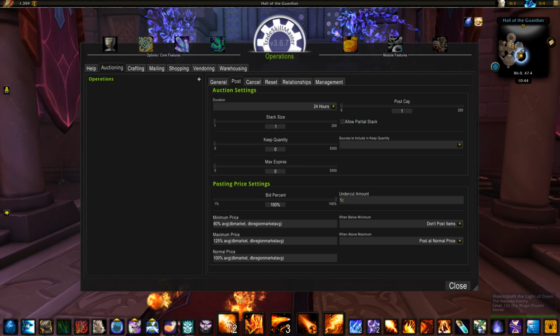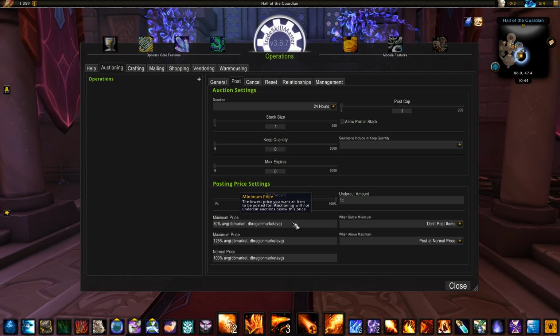All right, so now we're going to start combining some of the operations, again, keeping it quite simple. Right here, all it's doing is averaging DB market, which of course is your server, along with the DB market average across all of EU if you're an EU player, or all of US if you're a US player.